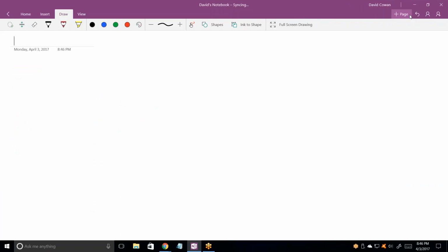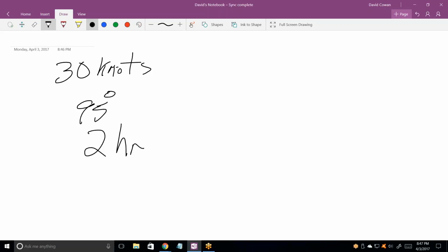So the next one is: the Coast Guard cutter and Joseph traveled at 30 knots from the town port on a course of 95 degrees for 2 hours, then changes to a course of 185 degrees for 2 hours.